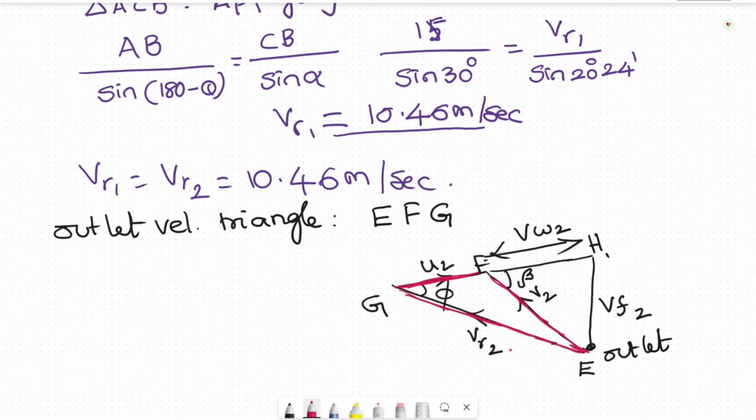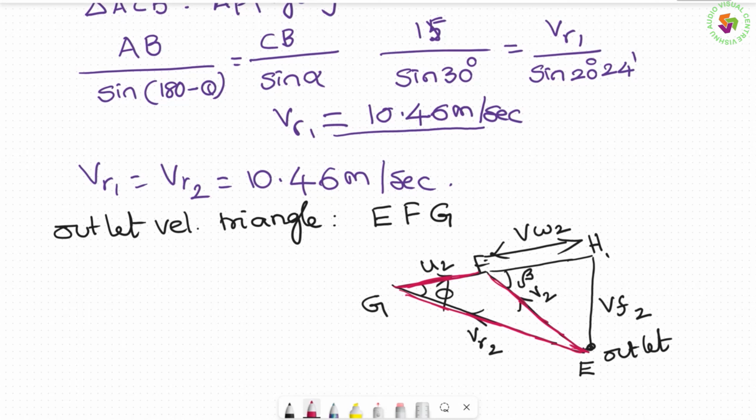Once again, note: one side is absolute velocity V, one side is velocity of vane U, and one side is relative velocity VR.